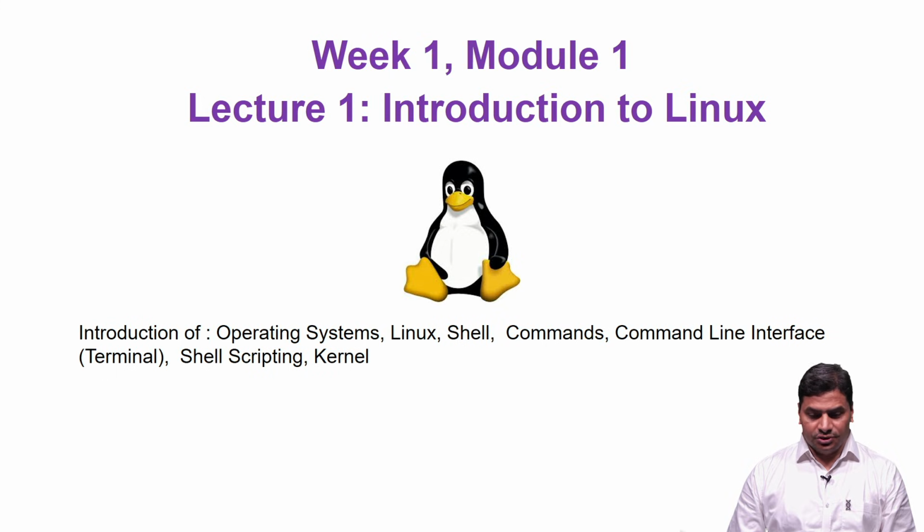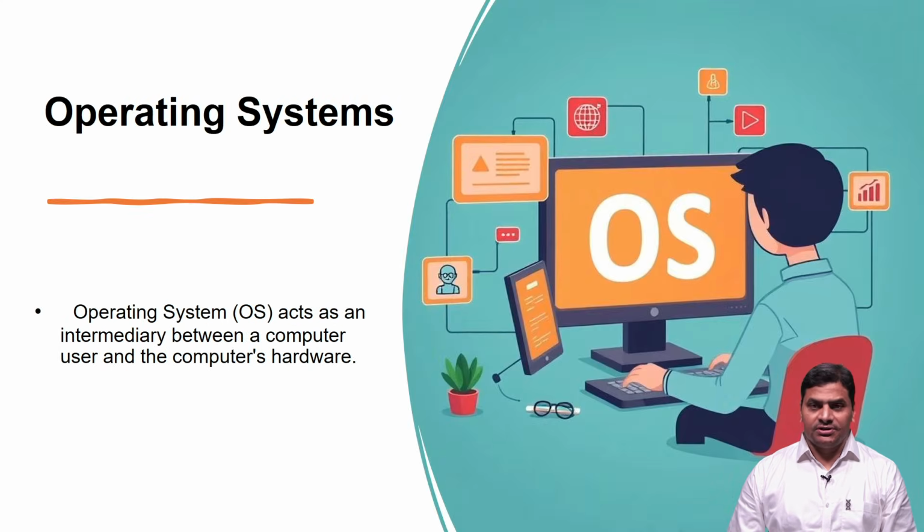Today I am going to talk about an introduction to Linux. I will introduce what an operating system is, what a shell is, what the command line interface and commands are, and shell scripting, along with an explanation of the kernel. Let us start with understanding what operating systems are. An operating system acts as an intermediary between the user and computer hardware.